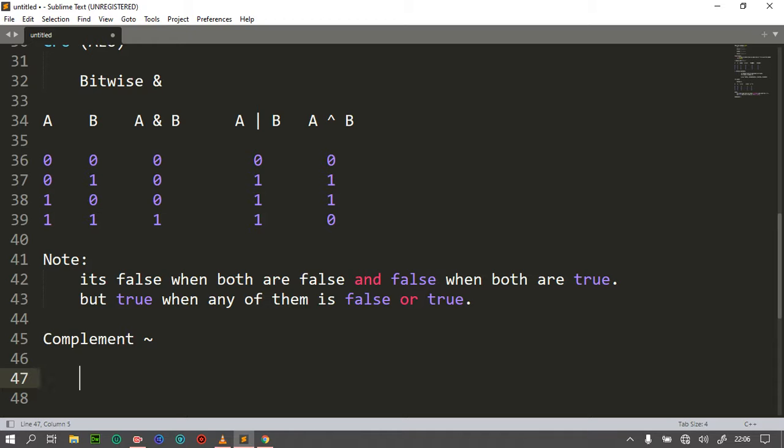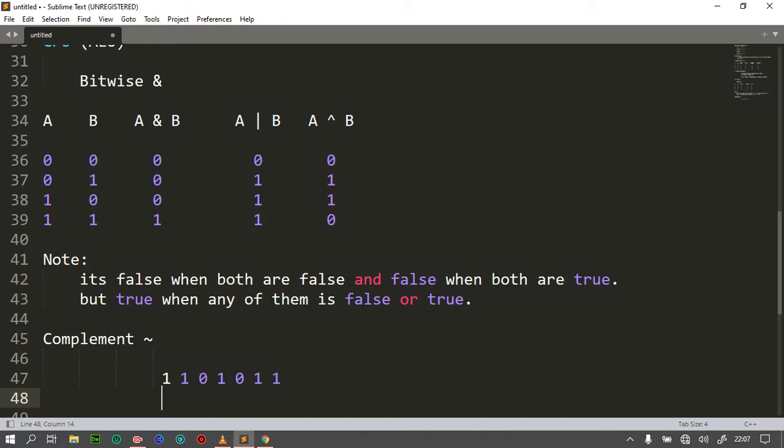Now consider we have a number like 1 1 1 0 1 0 1 1. Assume we have a number like that. A negation, or complement, of this number is as below.